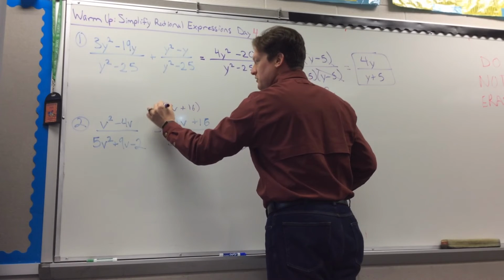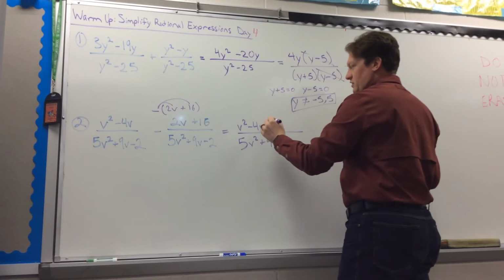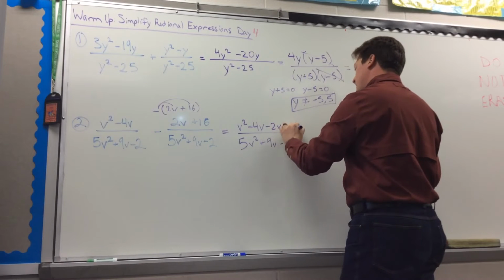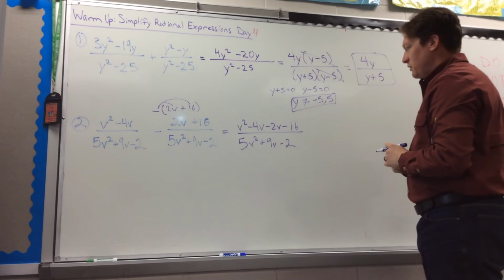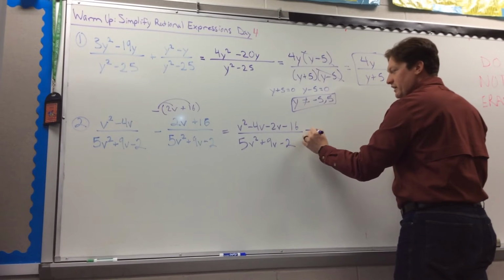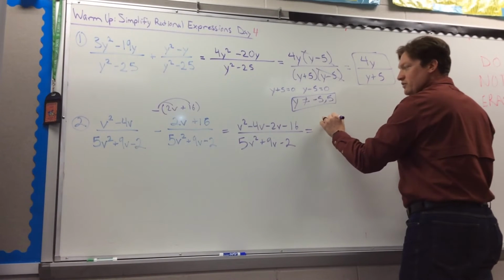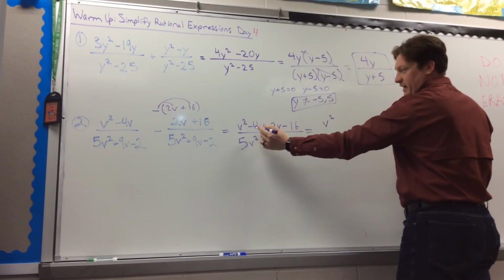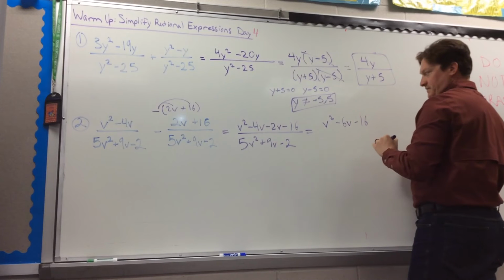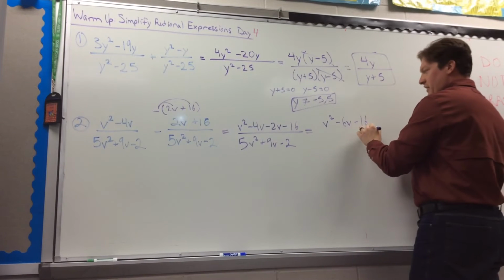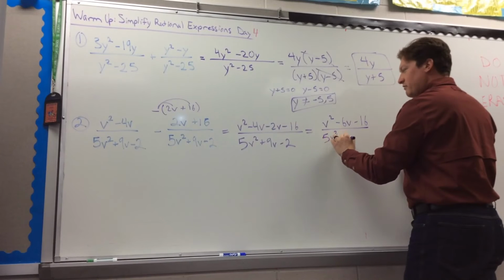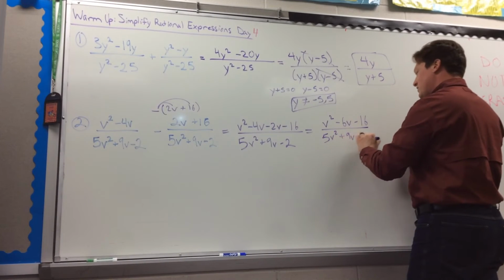So we have to distribute that negative, and that's going to be negative 2v minus 16. What we want to do with that is combine terms together, then factor accordingly. So here we've got v squared minus 6v minus 16. And then on the bottom, we have 5v squared plus 9v minus 2.